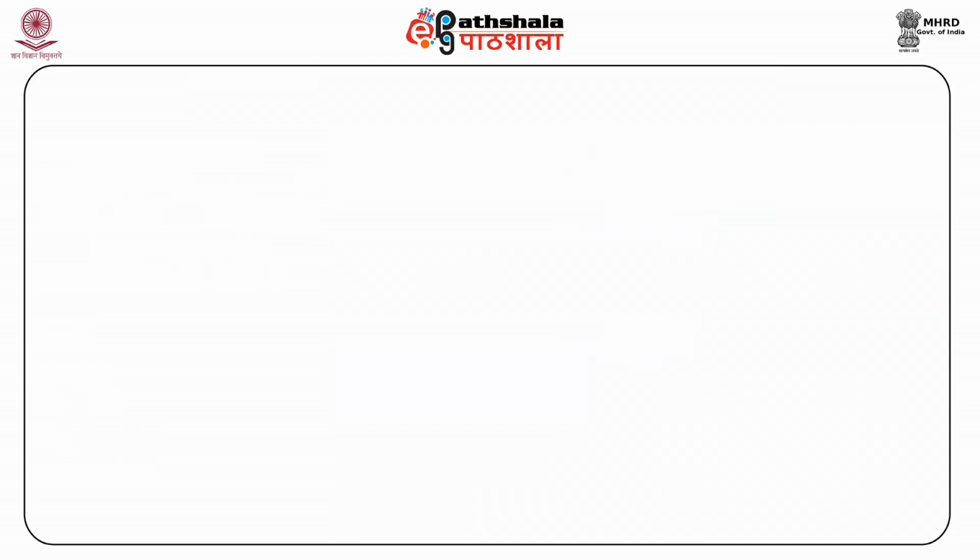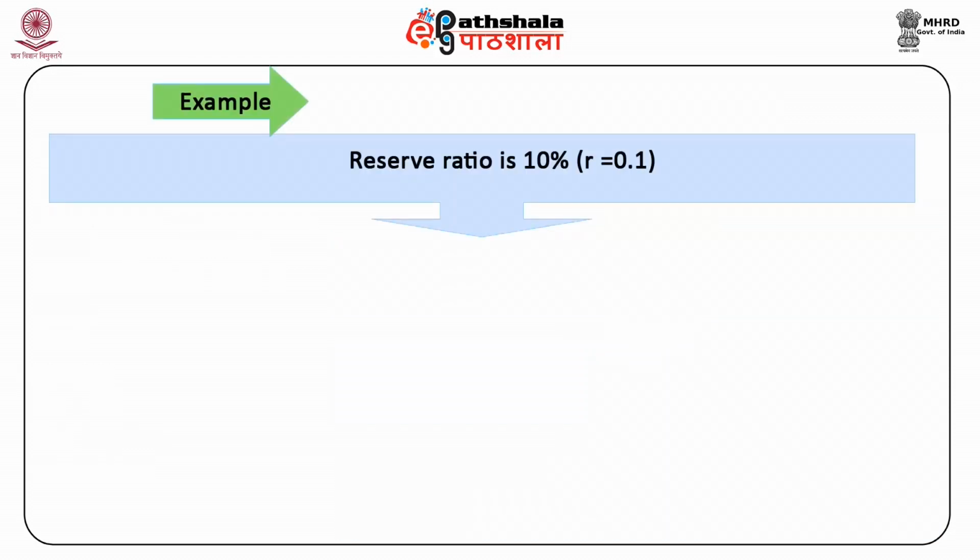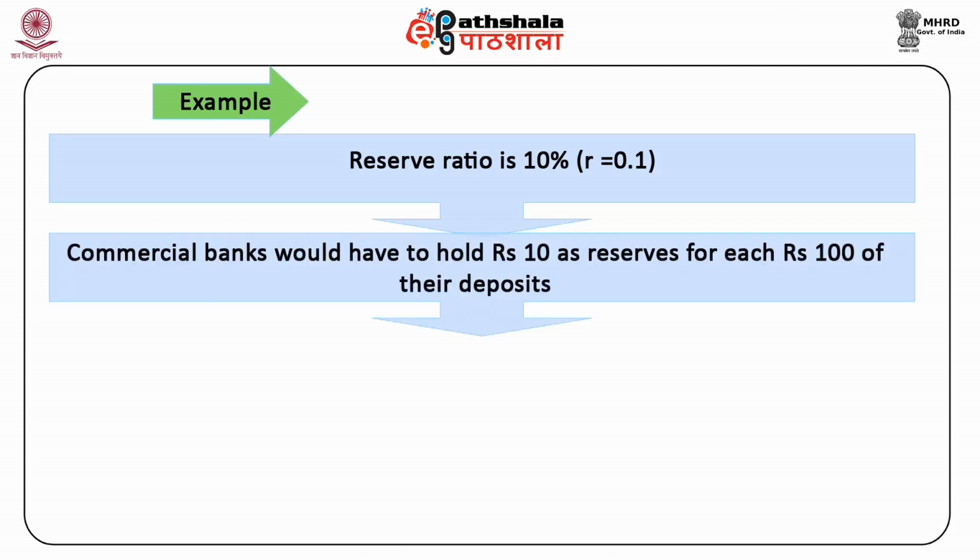If, for example, the reserve ratio is 10%, small r is equal to 0.1, then the commercial banks would have to hold rupees 10 as reserves for each rupees 100 of their deposits.